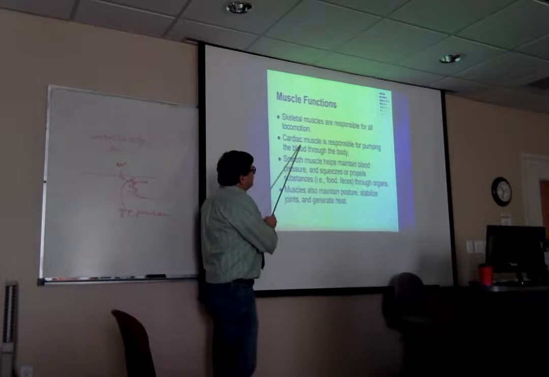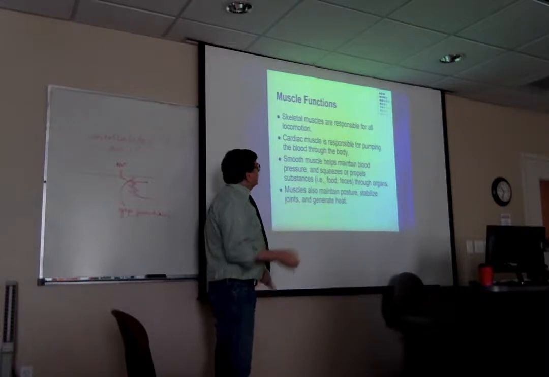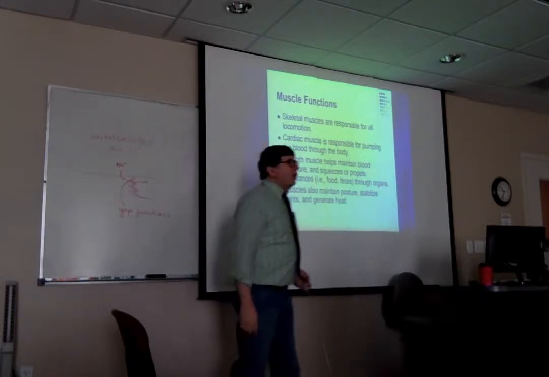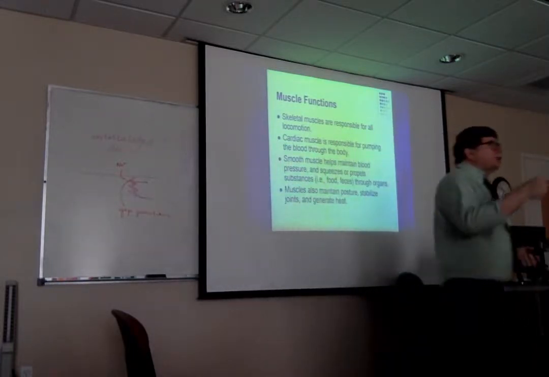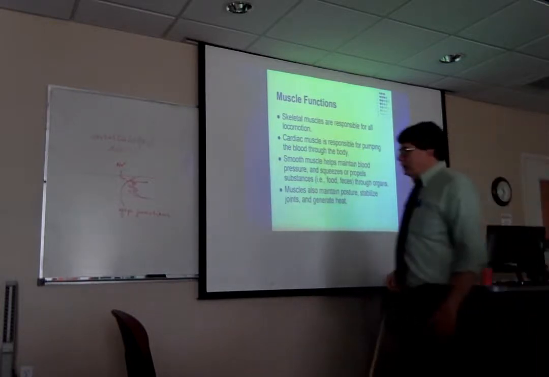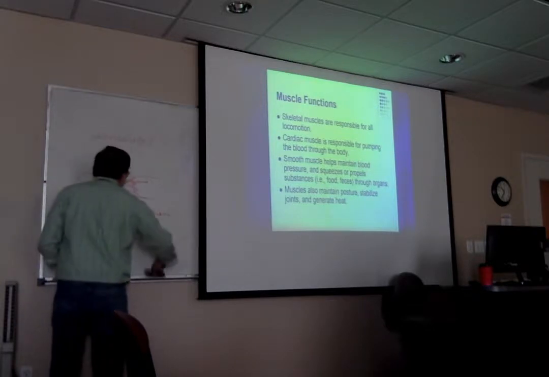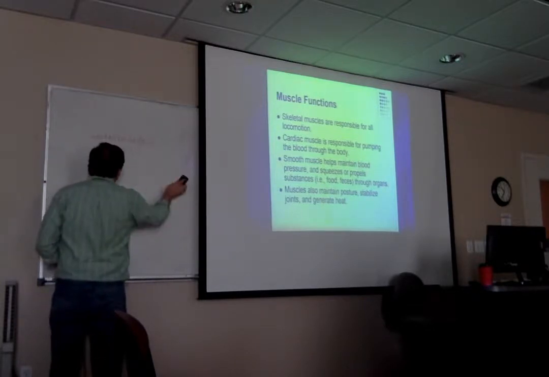Now, cardiac muscle does this. Yeah, responsible for pumping blood throughout the heart. When the chambers of the heart contract, blood is pumped out into blood vessels. Smooth muscle contracts in a wave-like fashion, so that the smooth muscle surrounding, for instance, part of the colon.